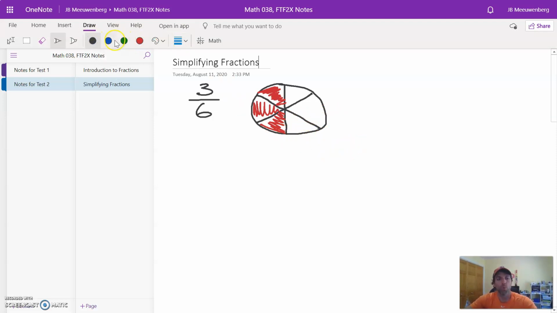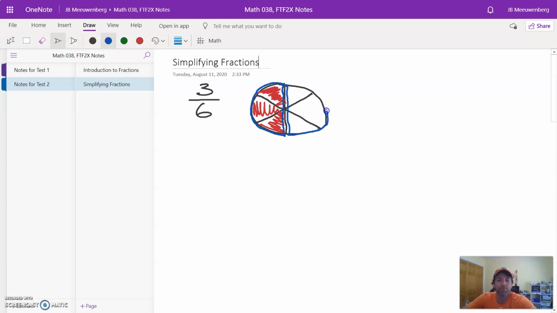Okay. So one thing that you should notice, right? We always just ask, what do you notice? Is that this fraction 3/6 could be thought of in a slightly different way. We could take this exact same circle and break it up into equal slices a different way. Remember, fractions, we're always having to deal with equal sections, equal sized pieces.